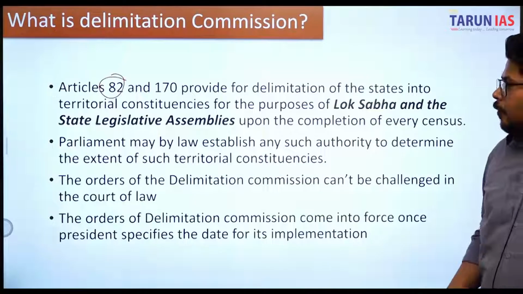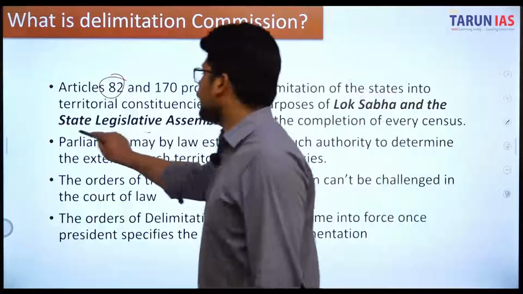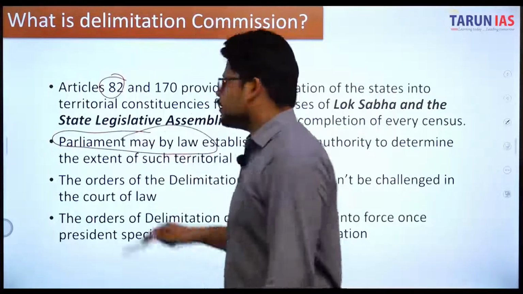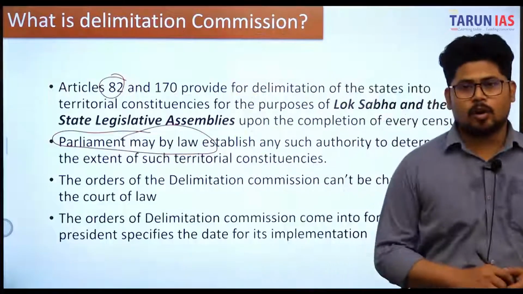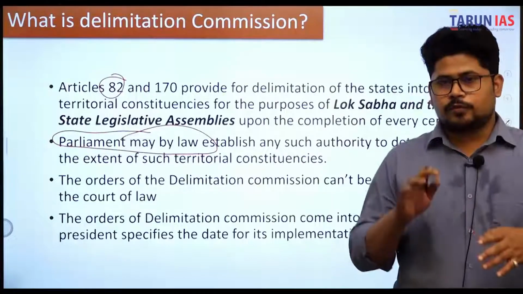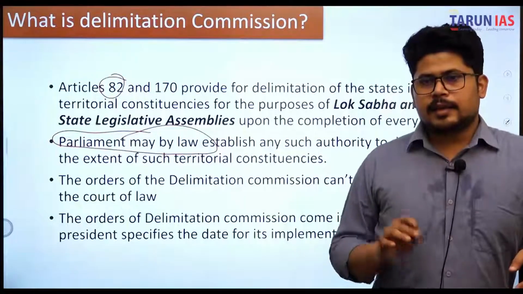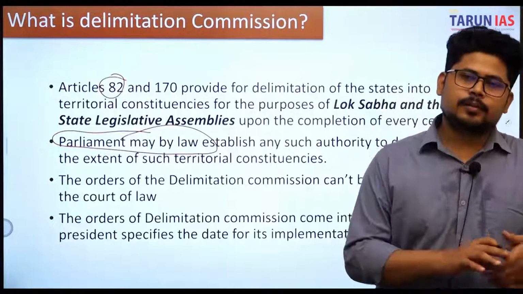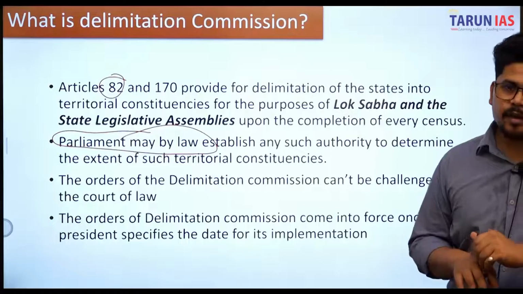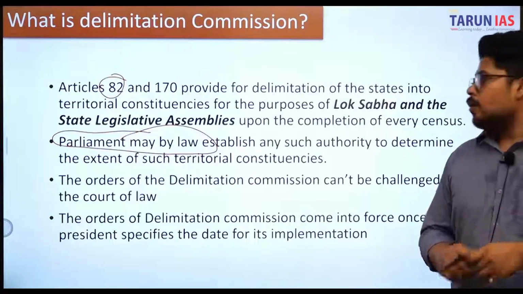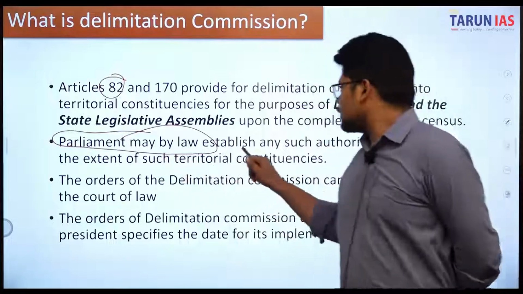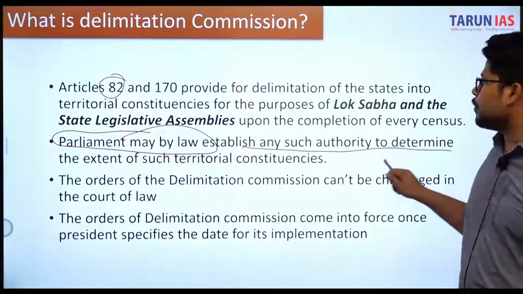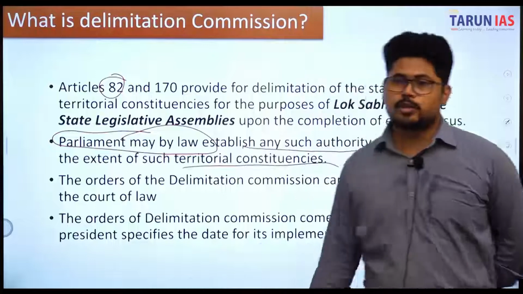Now an important point is: Parliament may by law. Whenever this statement comes, the first thing that should strike your mind is an act of Parliament, because Parliament is a legislative body. It makes laws. So Parliament may by law establish any such authority to determine the extent of such territorial constituencies.